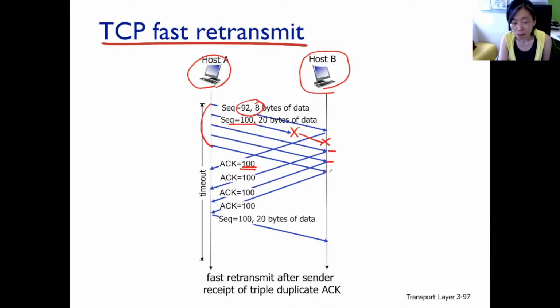All these subsequent packets just trigger the receiver to send the same ACK back to back. So the sender here received the first ACK for 100. And this is the first duplicate ACK, second duplicate ACK, the third duplicate ACK. And this is when we begin retransmitting the first, the smallest sequence number that is unacked.